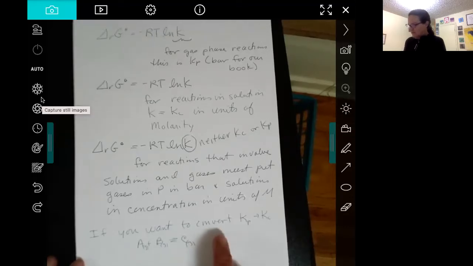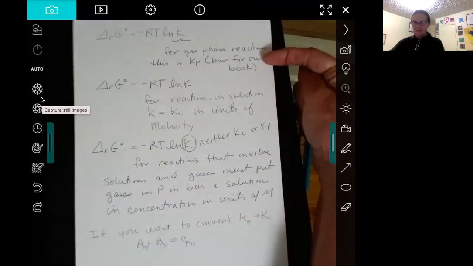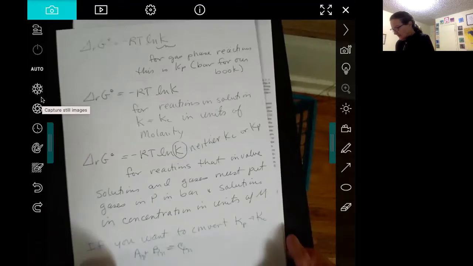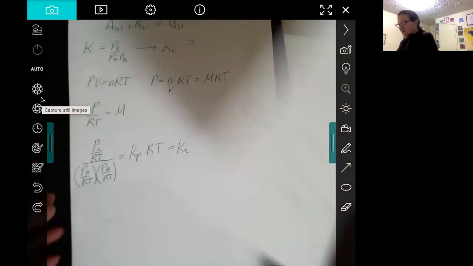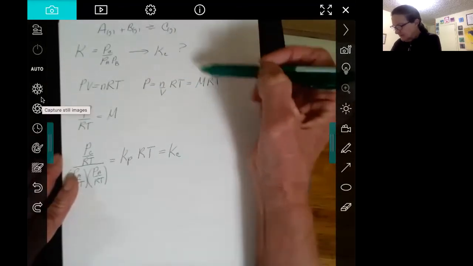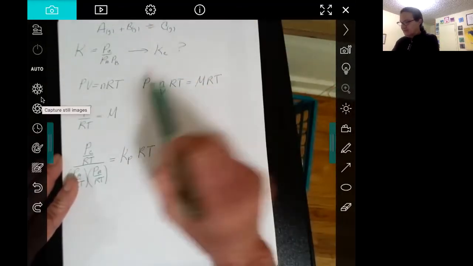So sometimes you do want to take a Kp. So maybe if we got a K up here and we wanted to convert it and use it in concentration units, then it's pretty easy to do that, just thinking about if all the gases are perfect, then if I want to convert pressure to molarity, I just use the ideal gas law.